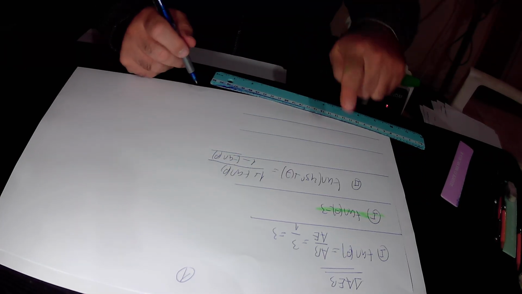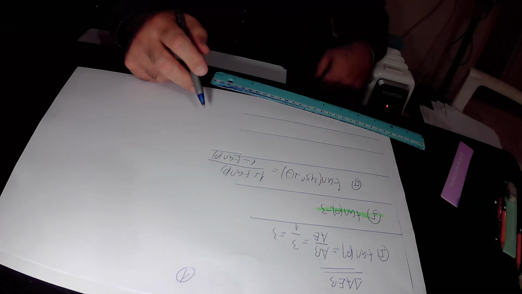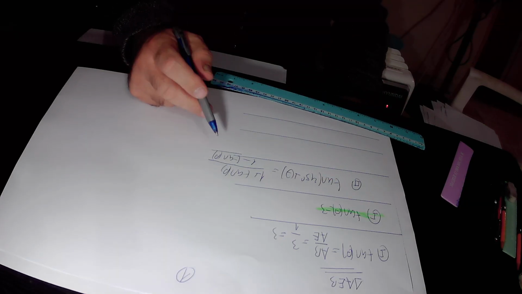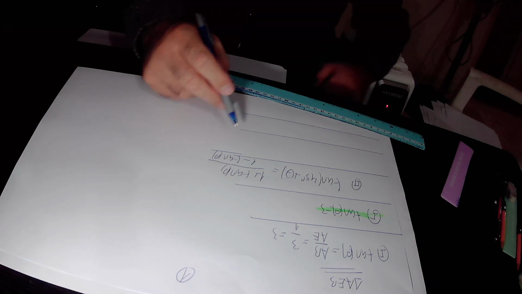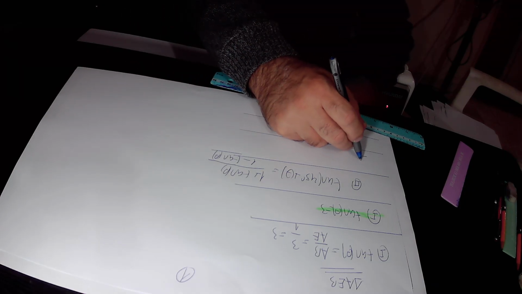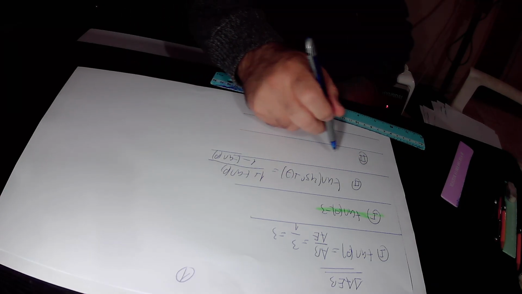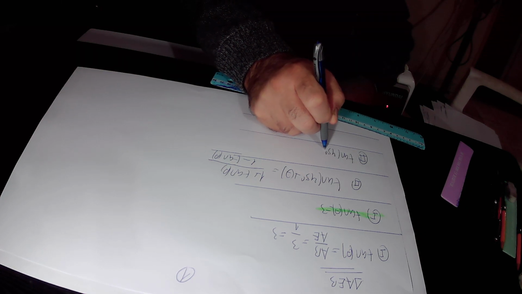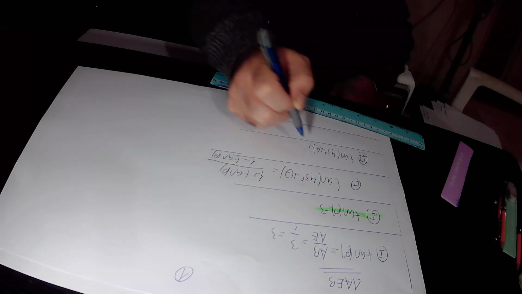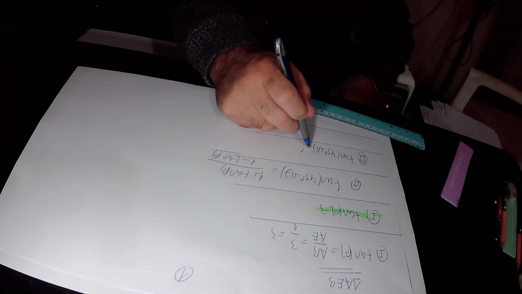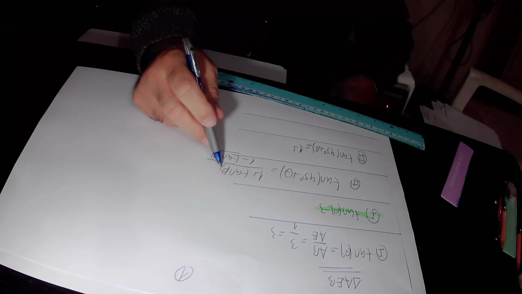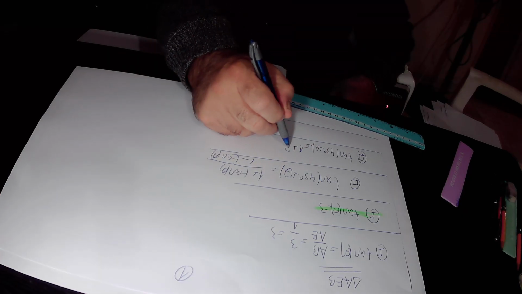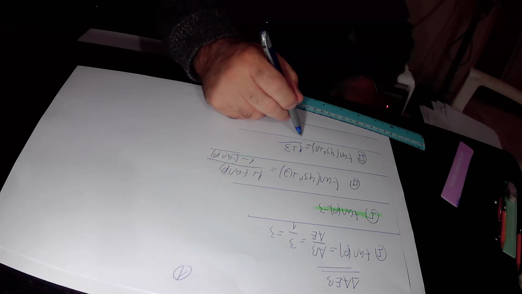We already found out that tangent theta equals 3, so we can substitute tangent theta in equation 2 by 3. According to equation 2, tangent of 45 degrees plus theta equals (1 plus tangent theta) over (1 minus tangent theta).